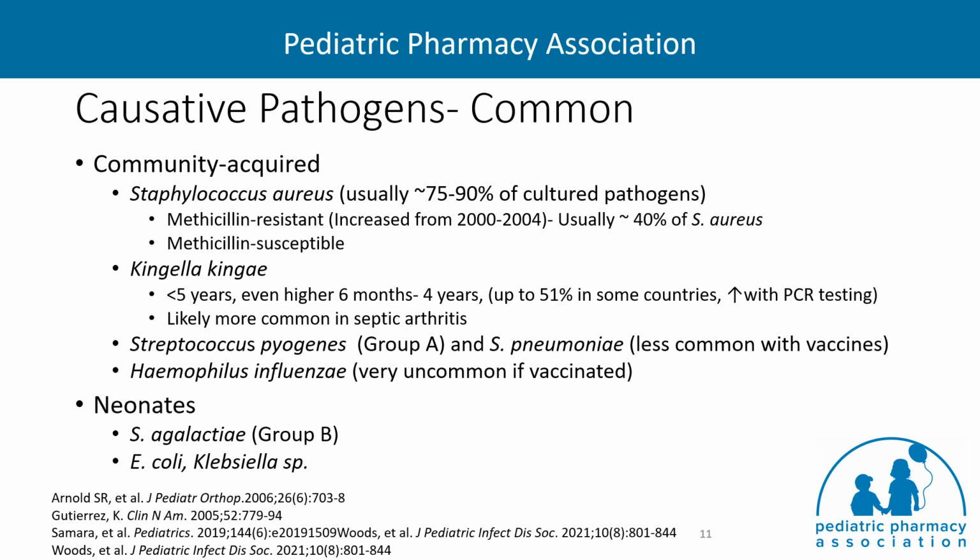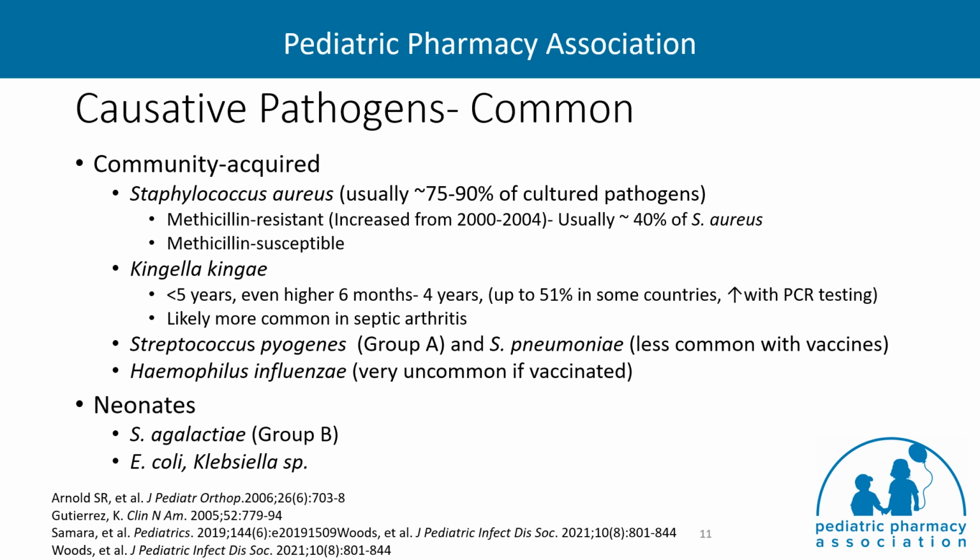Now, I highlight Kingella here, which, if you're thinking Kingella, you're thinking less than 5 years of age. It's a possible pathogen, highest somewhere between 6 months and 2 years, or 6 months to 4 years, maybe even less than 2 years. And this type of pathogen is likely more common in septic arthritis than osteomyelitis.